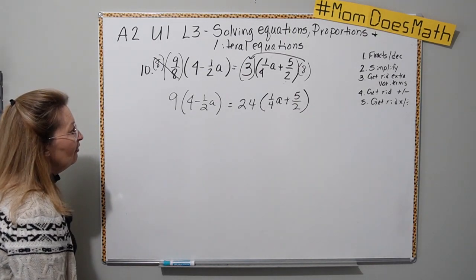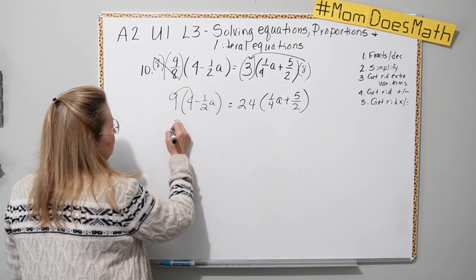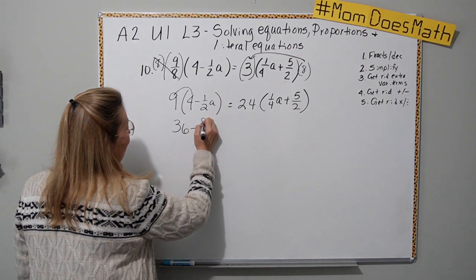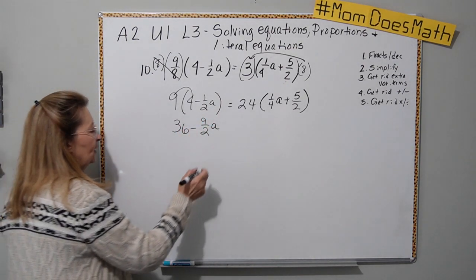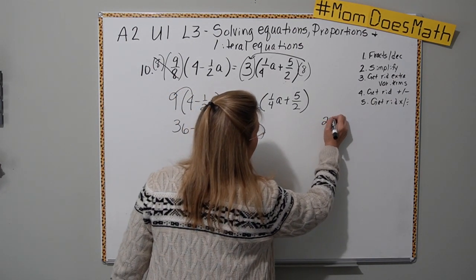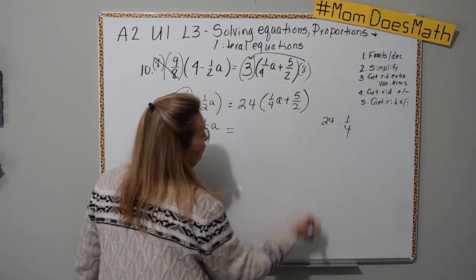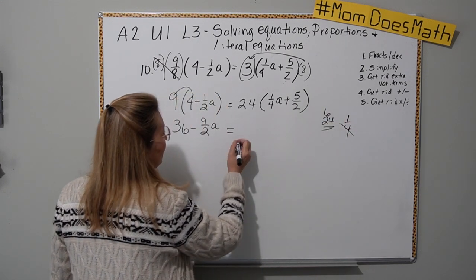All right, so now let's just distribute. 9 times 4 is going to be 36, and then I'm going to have 9 over 2a, which is not nice, but we can work with it. Now when you multiply 24 times 1/4, remember this is over 1. 4 goes into 24 6 times.